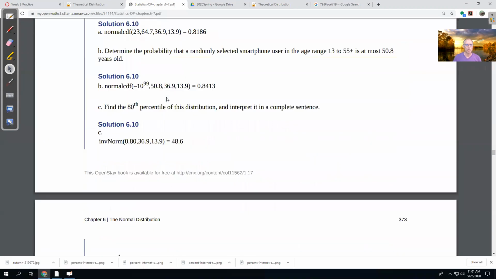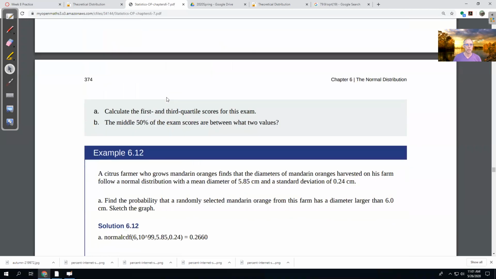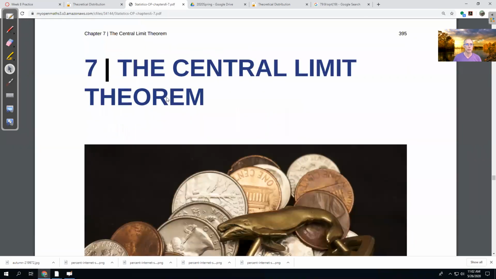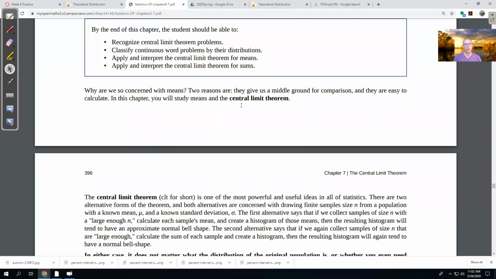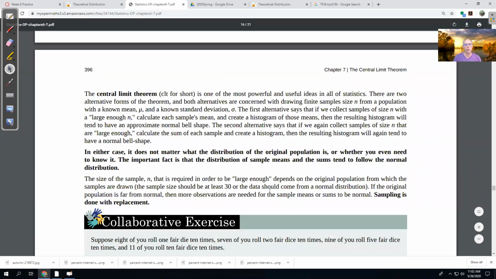I just want to show you this in the book, and then I'll write down my version, which is pretty similar. They talk about what the central limit theorem means, and this paragraph says when you're allowed to use it.